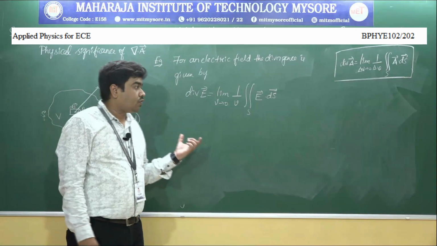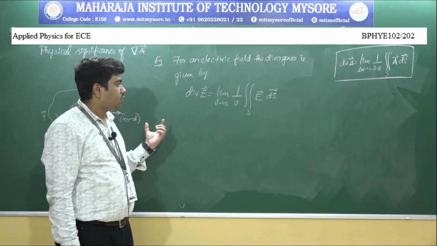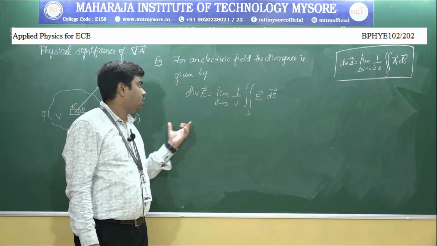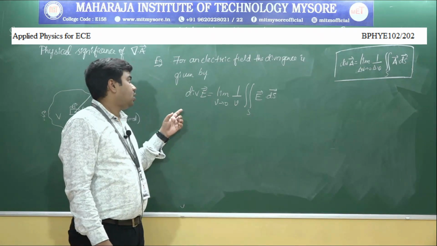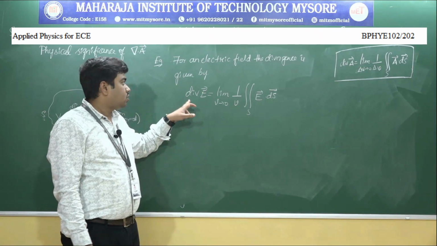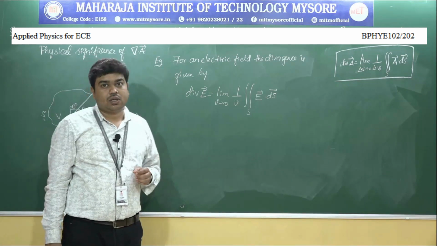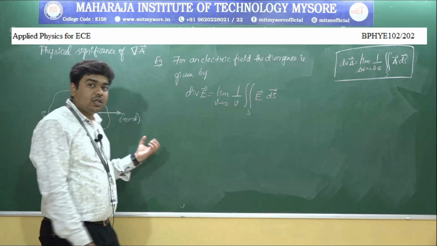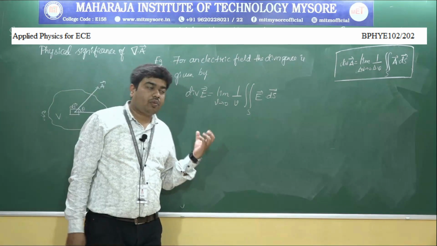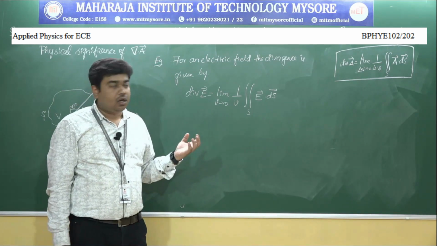Now this is the divergence equation for an electric field which is surrounded by a unit surface area at a particular point inside the volume. So div E is equal to the limit delta V tends to 0 of 1 by V double integral over surface of E dot ds.